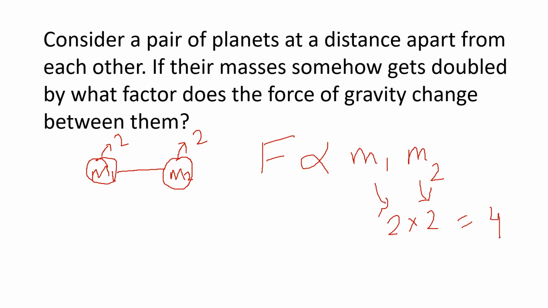So the overall value of the force increases 4 times. If you increase one of the masses 3 times, and the second mass maybe 5 times, the force will be increased by 3 times 5, which is 15 times.